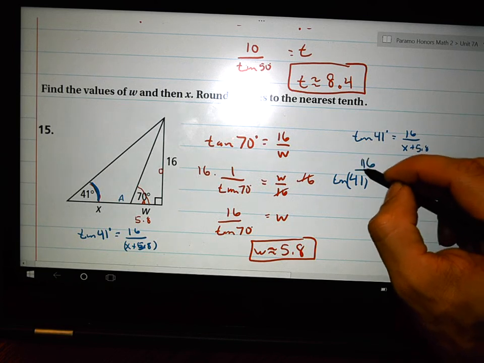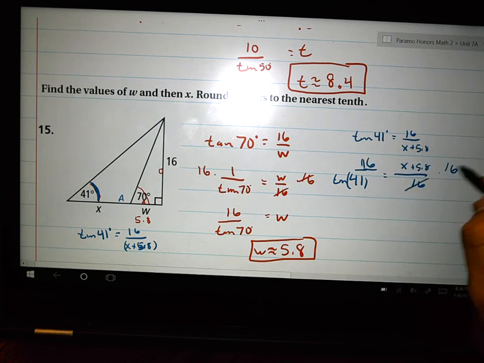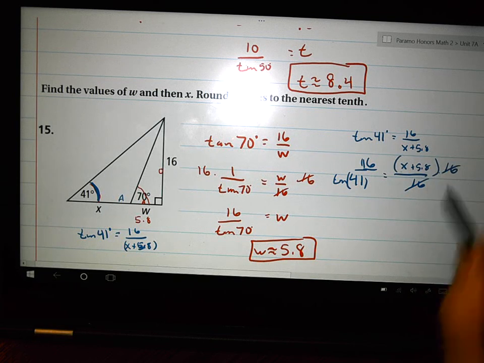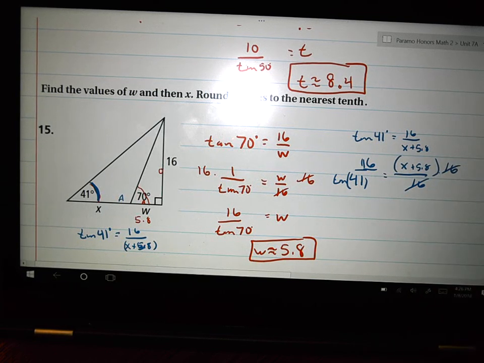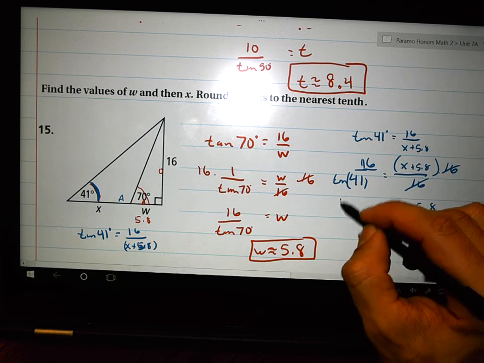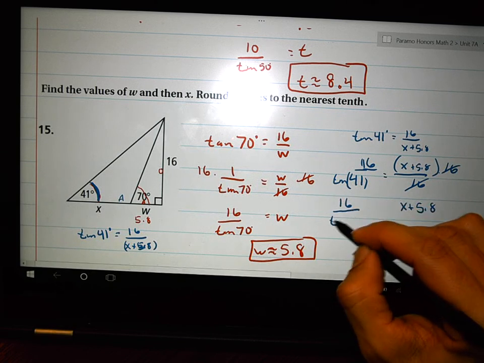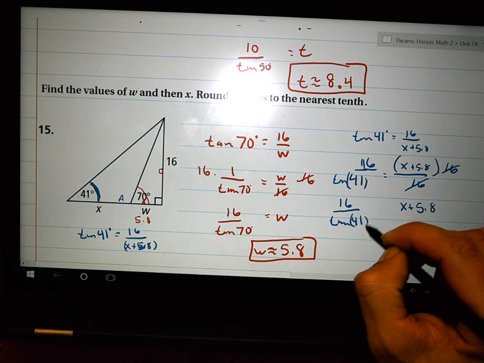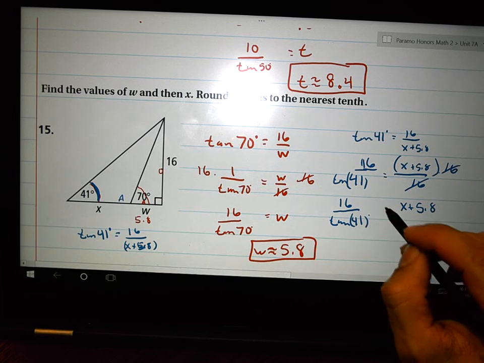That's getting messy, I'm sorry. And 16, that's in parentheses, by the way, so the 16 just goes away. You have x plus 5.8 equals 16 divided by the tangent of 41 degrees. Now, that's equal to x plus 5.8.